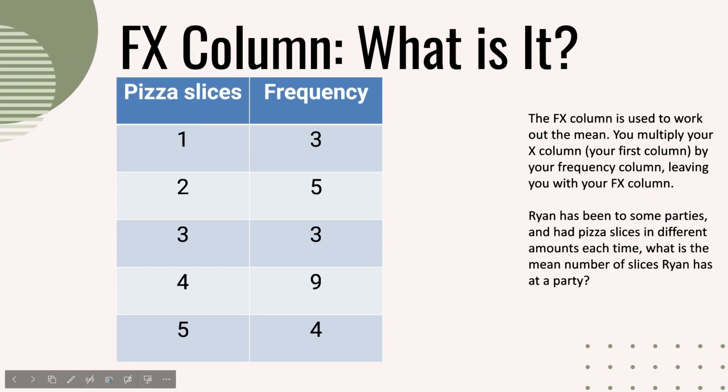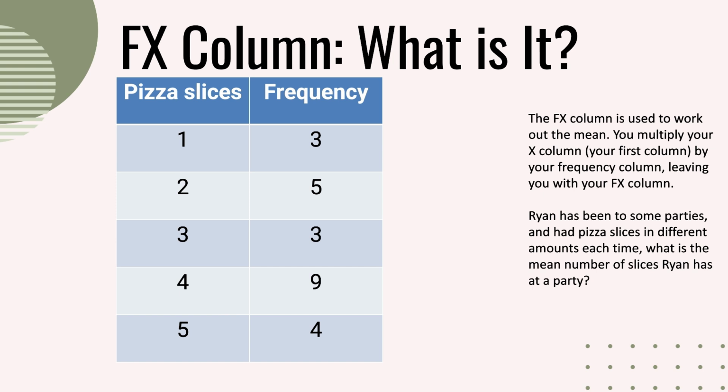So, the FX column, what is it? The FX column is used to work out the mean. You multiply your x column, your first column, by your frequency column, leaving you with your FX. In this example, Ryan has been to some parties and had pizza slices in different amounts each time. What is the mean number of slices Ryan has at a party?